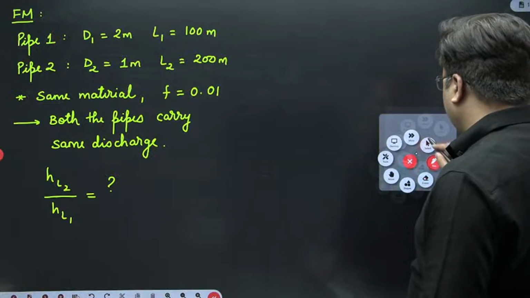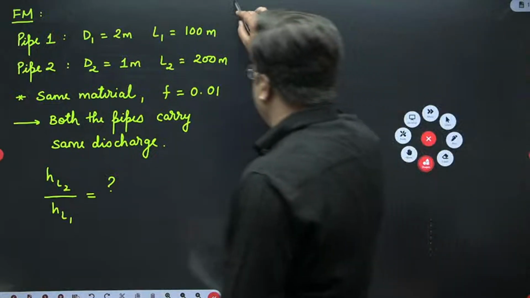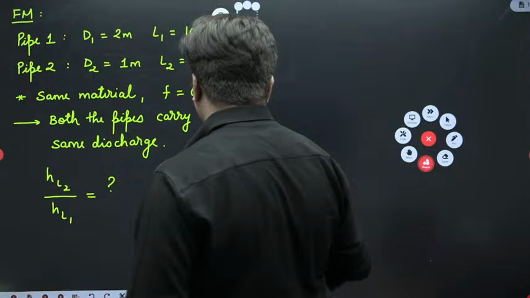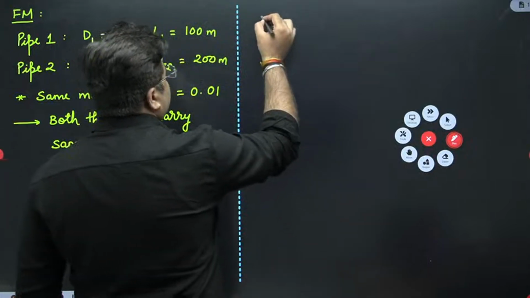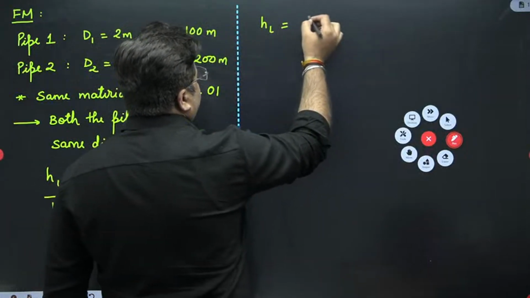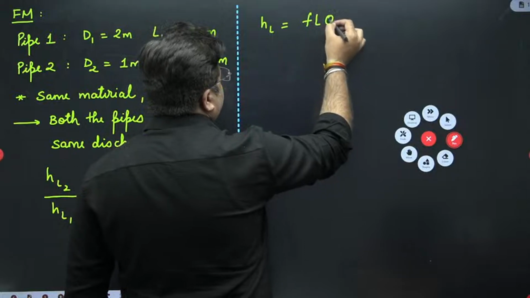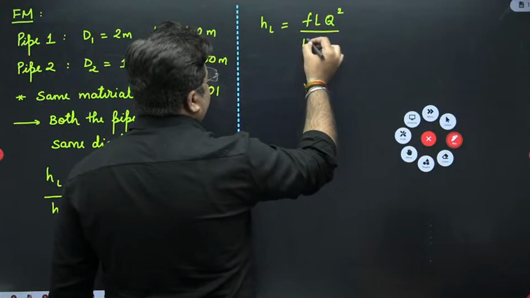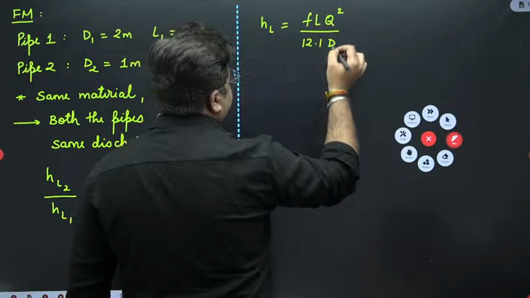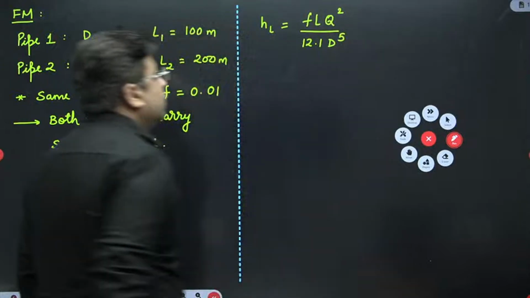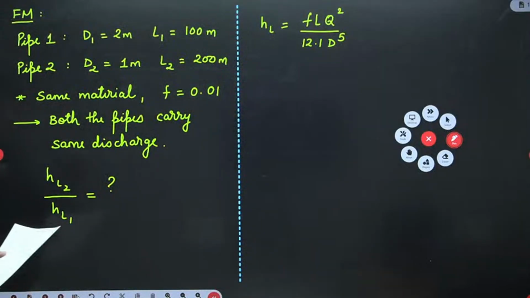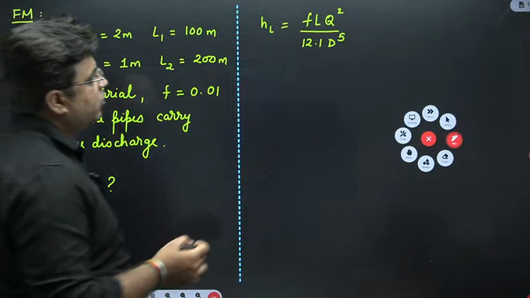So directly we are going to use the head loss expression. The head loss expression is equal to FLQ square upon 12.1 into D raised to the power 5.